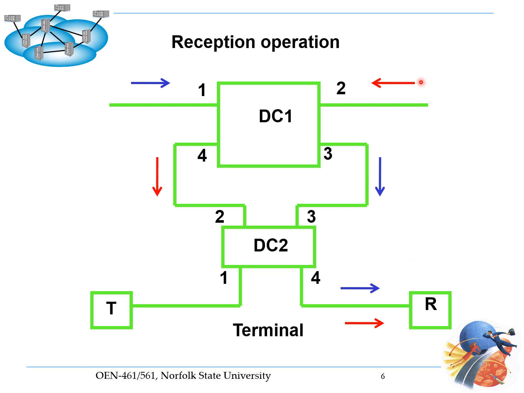Now, if the signal in the main line goes from the right, we have a similar situation. It enters port 2 of the first directional coupler and splits 50-50. That light that goes to port 1, we will filter out. The useful signal that goes out through port 4 continues and enters through port 2 of the second directional coupler.